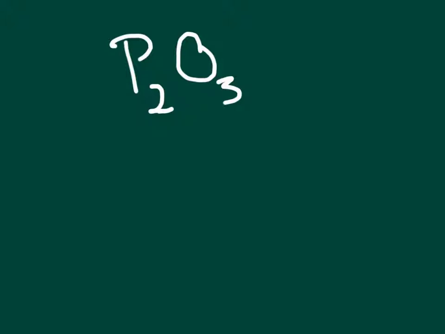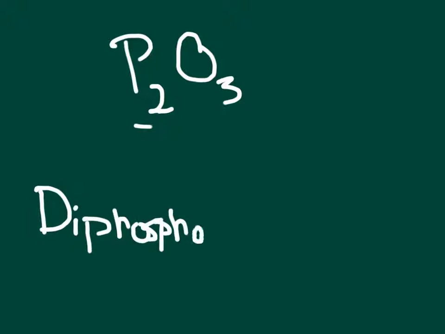Phosphorus is nonmetal, oxygen is a nonmetal. So you know it's a molecular compound. So how you would fill this one out is, since there are 2 phosphorus, it's written first, it's diphosphorus. And then since there are 3 oxygens and it's written second, trioxide.